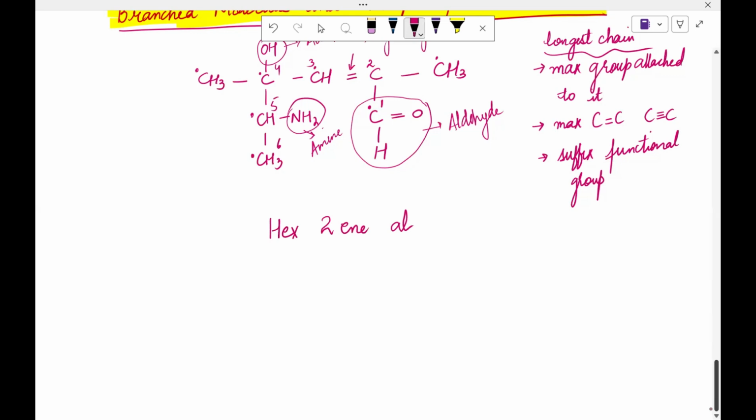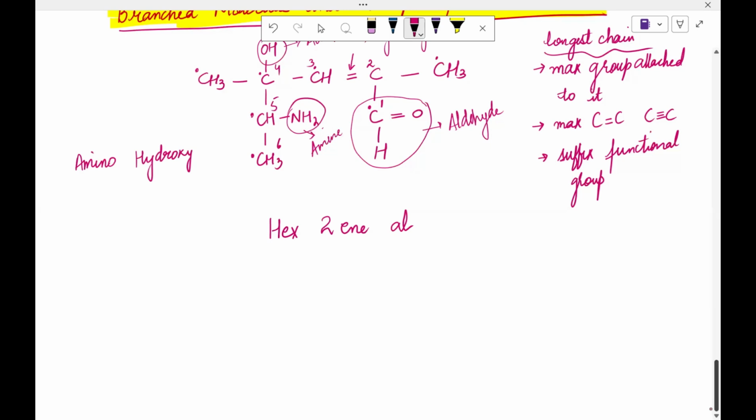Now let's move further towards the other functional groups. We have this hydroxy group at the fourth position, and we have the amino group at the fifth position. So this is the amino group, and this is the hydroxy group. Now we are going to name them in alphabetical order.